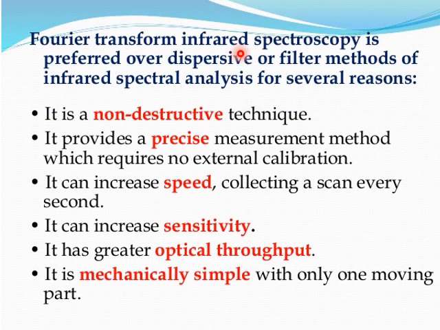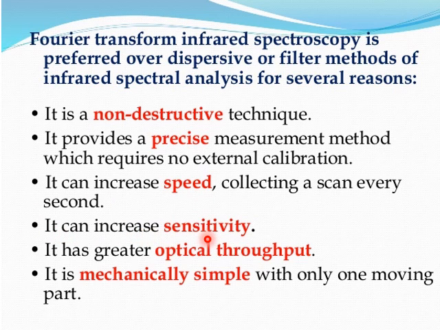Fourier transform infrared spectroscopy is preferred over dispersive or filter methods of infrared spectral analysis for several reasons. It is a non-destructive technique, meaning the sample will not be destroyed. It provides a precise measurement method which requires no external calibration, and there is high speed, and the spectra can be scanned quickly.